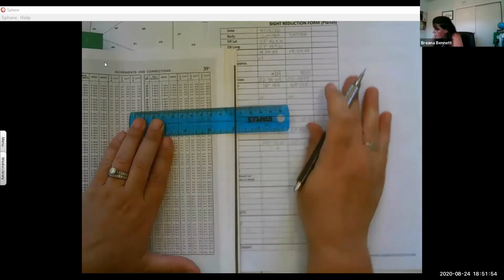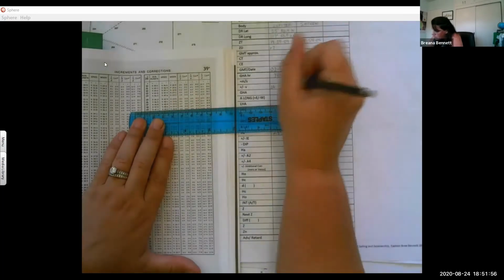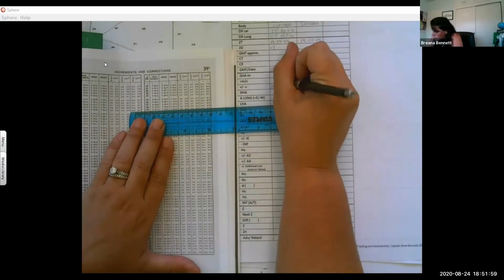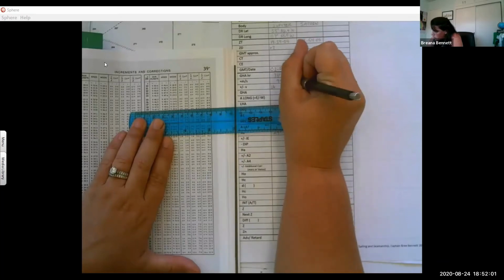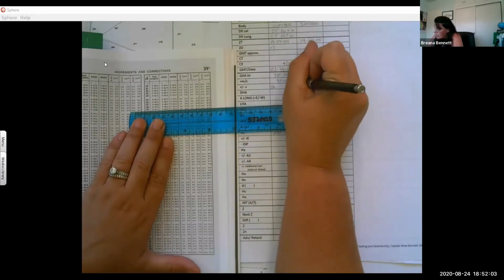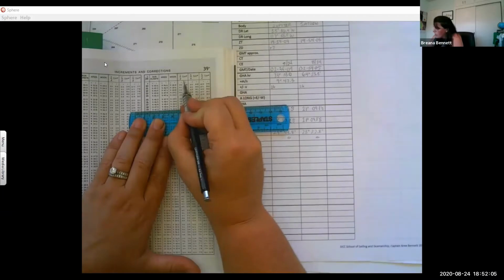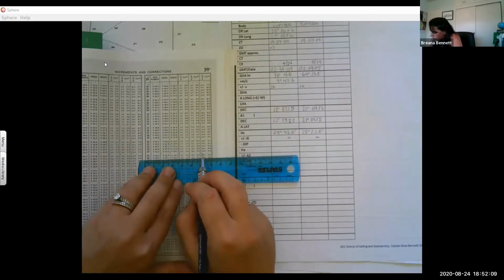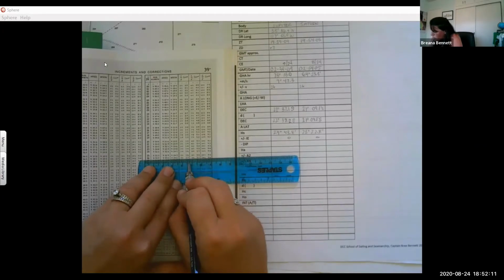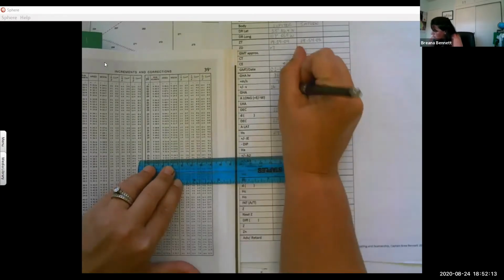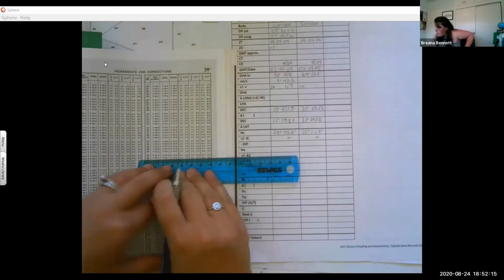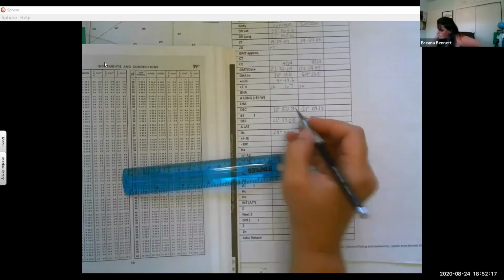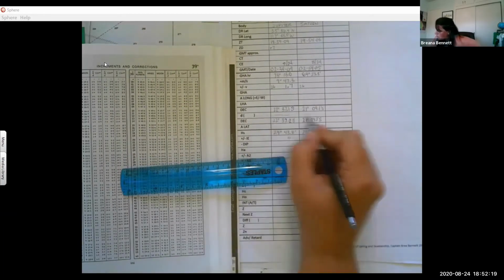So I have a minutes and seconds of 9 degrees, 47.3, and then my little V was 2.6. So I have a correction of 1.7. And I already did my little d's, so I don't have to do those.